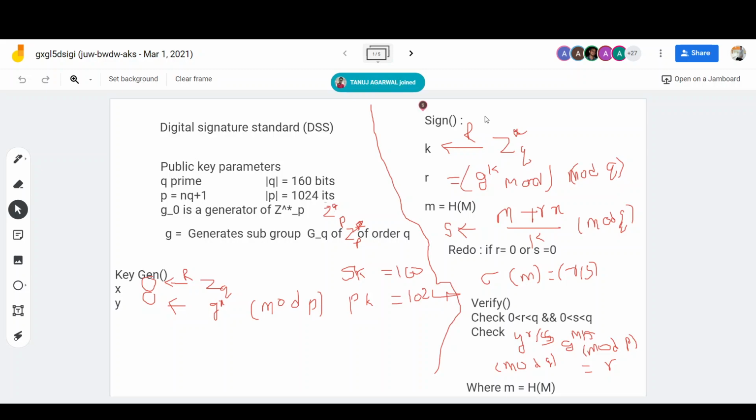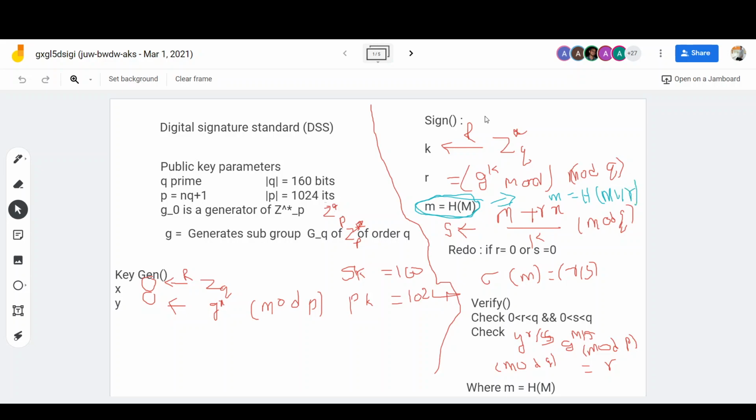We are not changing anything here, which may lead to the same adaptive chosen ciphertext attack. So we need to change this, which will make it secure against the attack. How do we change it? m is equal to H of m appended with the r value.